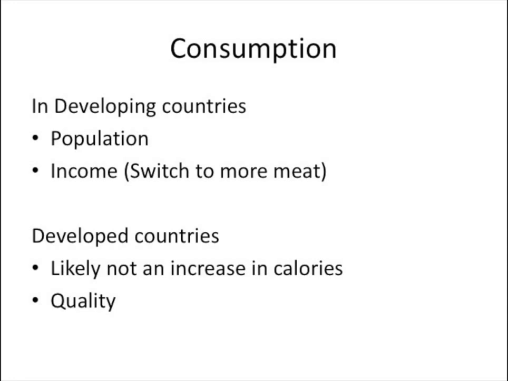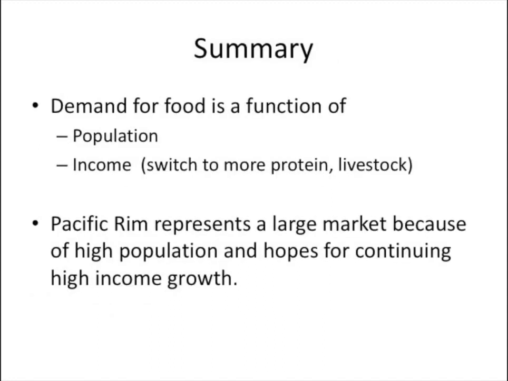On the other hand, if we are in China, India, Indonesia, Africa, more of an emphasis on switching to livestock-based foods may be seen in the future and will be what is potentially causing increase in food consumption.